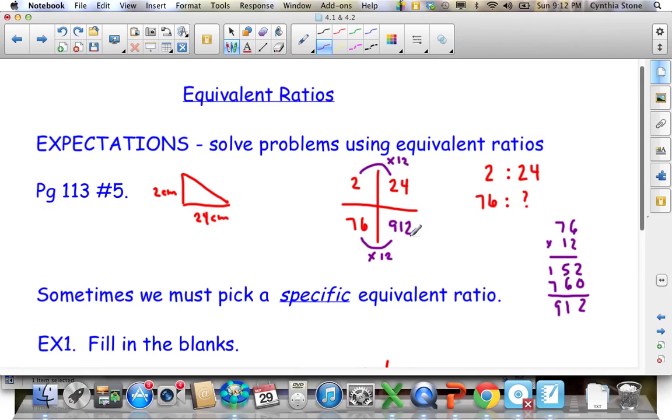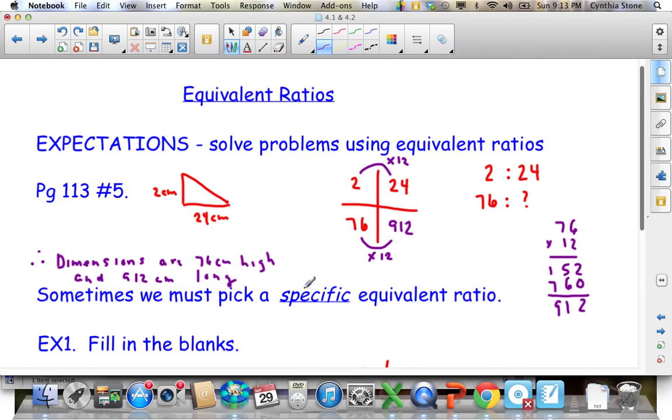912. So my guess then, when it asks what the dimensions might be, is that the dimensions are 76 centimeters high and 912 centimeters long.